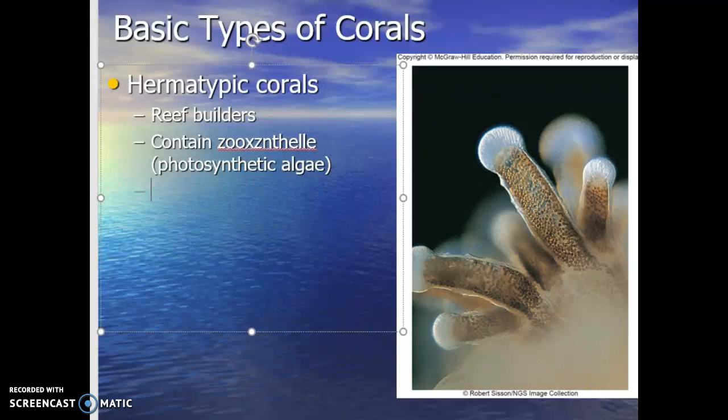So if you look at the coral to the right over here, and you take a look at the polyp there, okay, so here's the general polyp. All these little dots in here, all those little dots, those are the zooxanthellae. Okay, now the zooxanthellae are what usually give coral their color.